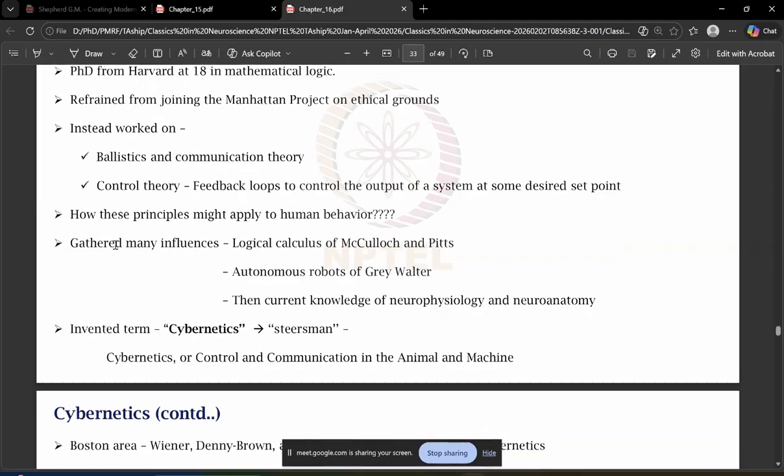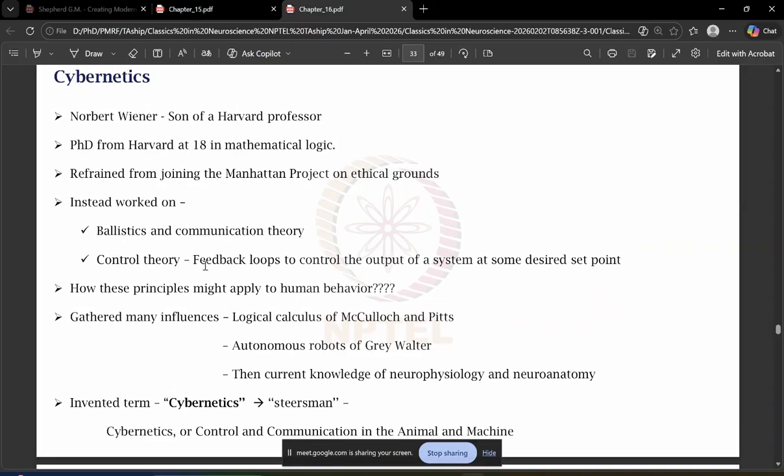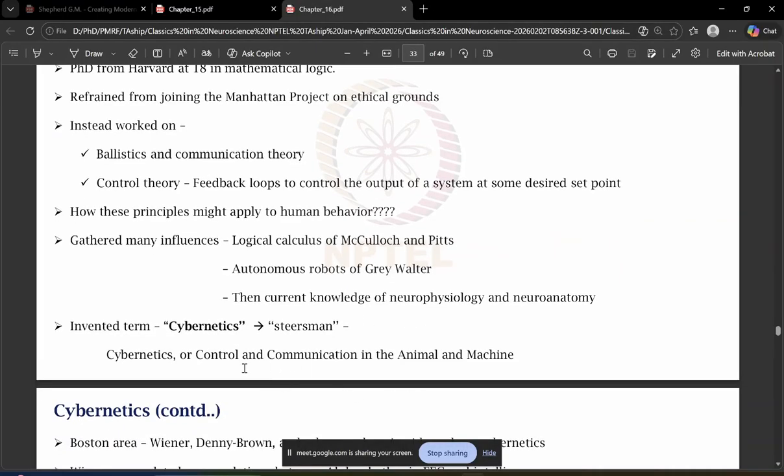So he said that this field of cybernetics, or the theory for control and communication, can be applied to both animals as well as to machines. And this control theory, which involves feedback loops, we know that in animals almost everything, for example temperature, many different kinds of drugs, processes, and pathways, all of them rely on feedback loops.